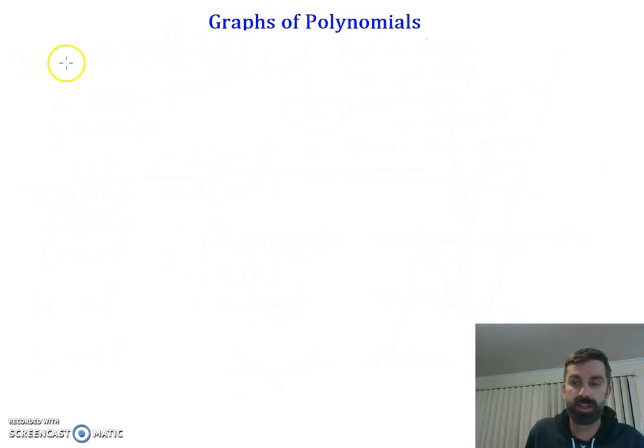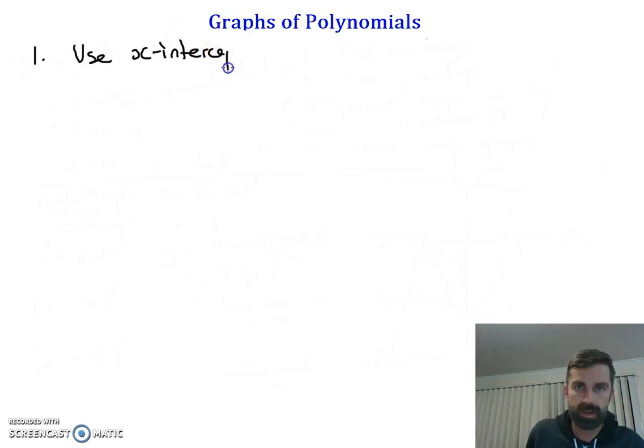Now I just want to quickly look at if you have the graph already and you want to figure out the equation. And this process is pretty much identical to what we did with quadratics. So first of all, we're going to use x-intercepts to find factors.